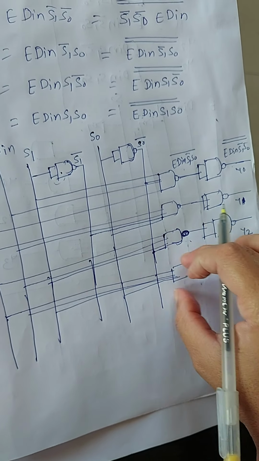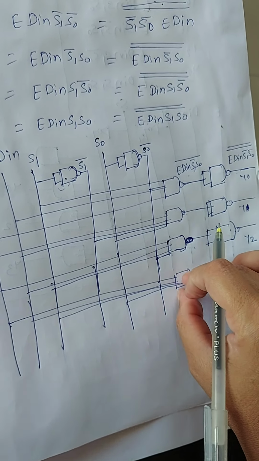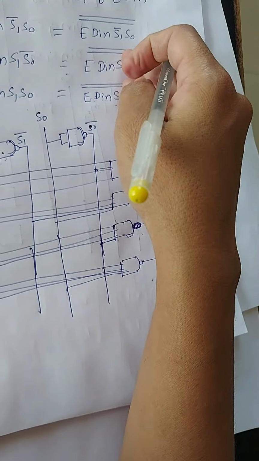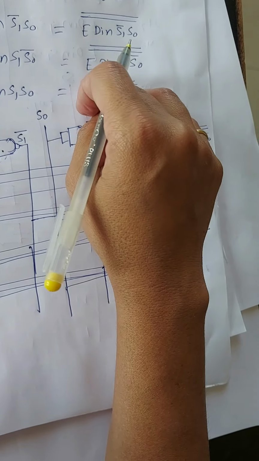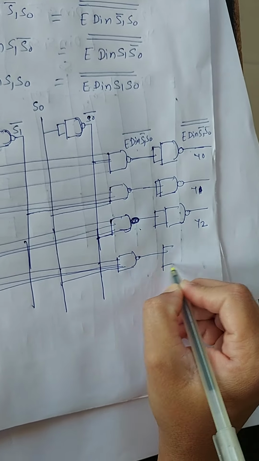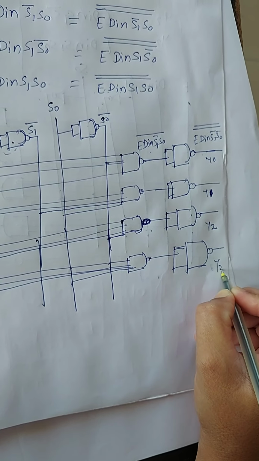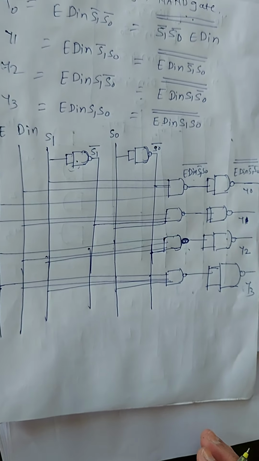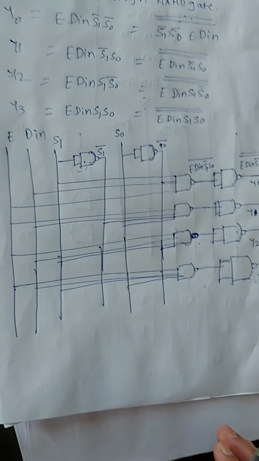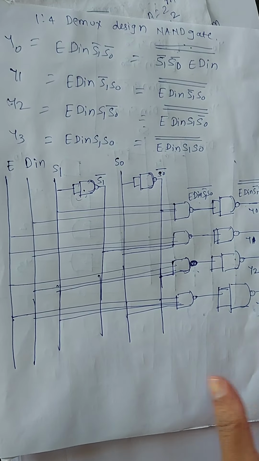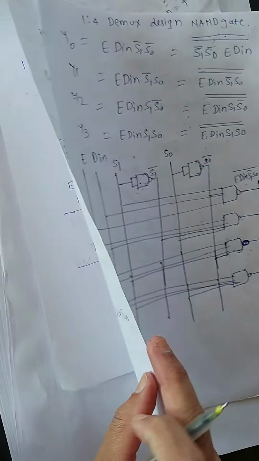For this NAND gate there is an equation with a single bar, and for another a double bar. For another bar we connect one NAND gate. So this is the Y3. That diagram we design using only NAND gates.